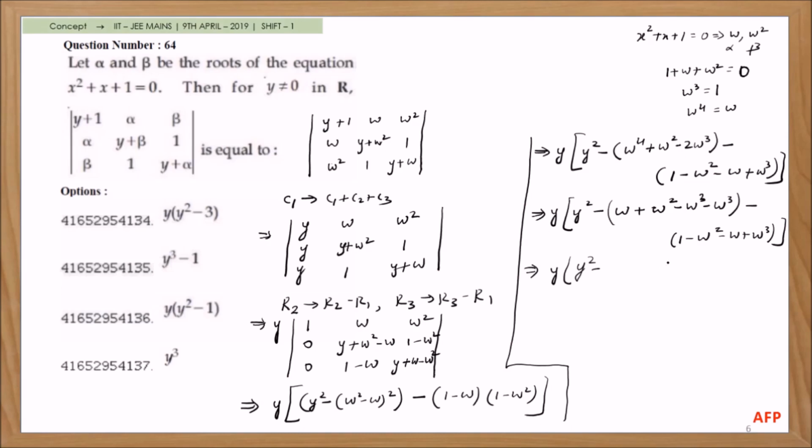The minus sign, if I multiply it inside, this omega becomes 1 here. This omega cube also plus 1 and here minus omega square. When you multiply the minus sign inside, 1 plus omega minus 1 you are going to get. So this is what we are having. If you go for cancellation, omega square omega, so this implies y cube is the answer. So option 4 it follows.